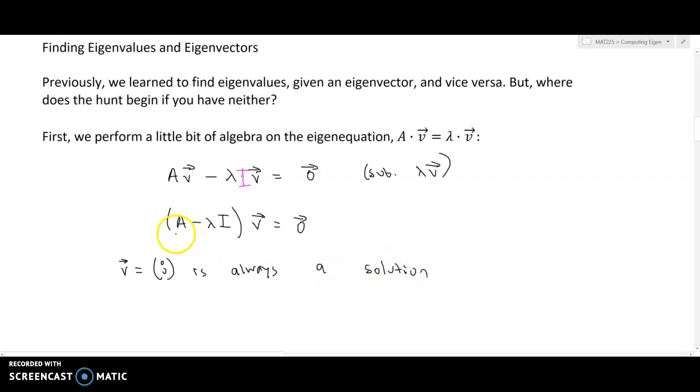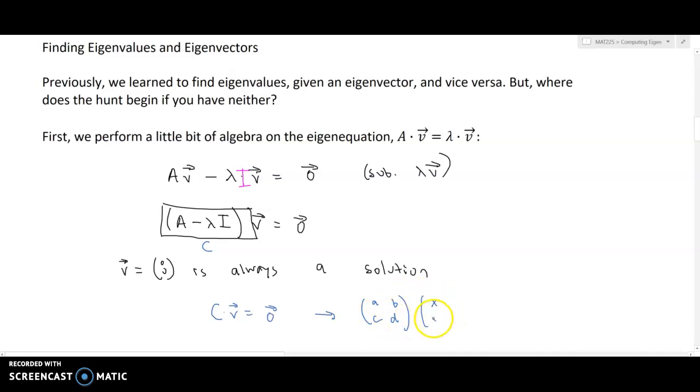Well, if we think about this as just being some matrix, a matrix full of values, let's just refer to that for now as C. So if we write our equation as C times V equals 0, and we think about what is inside of C, well, if C is a 2 by 2, for example, then we would have some values inside of this matrix.